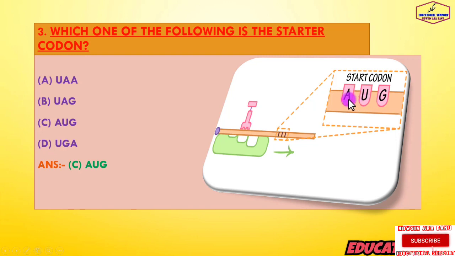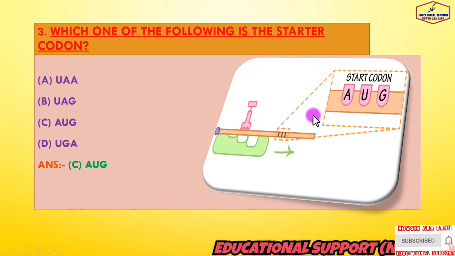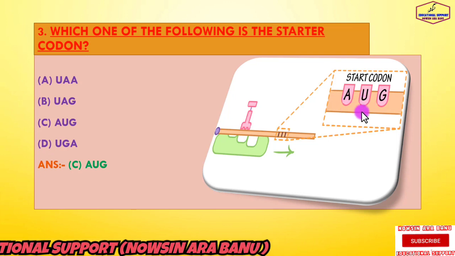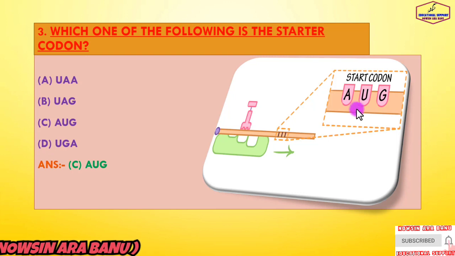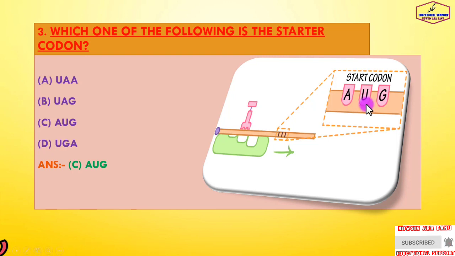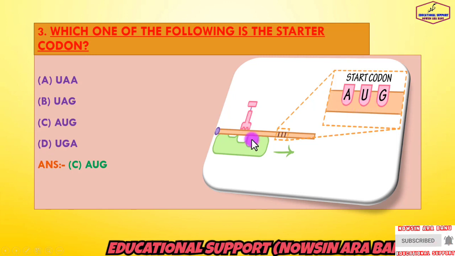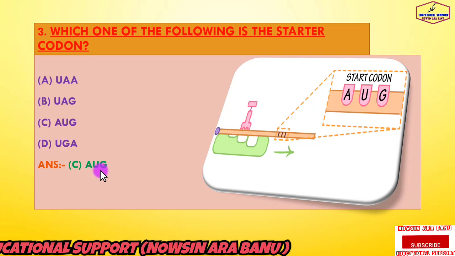The most common start codon is AUG, that is ATG in the corresponding DNA sequence. The start codon is often preceded by a 5' untranslated region. So, the answer is option C, AUG.